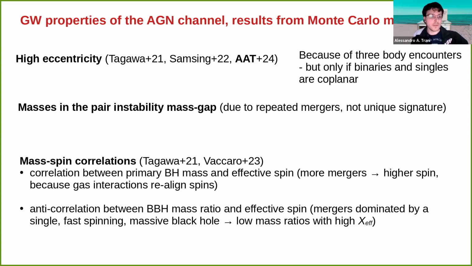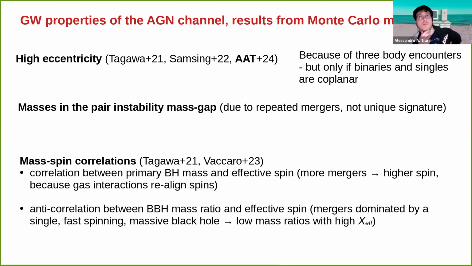Hierarchical mergers, even in a star cluster, will result in some correlation between the spin and the mass of the stellar mass black holes, simply because as you build up the mass through repeated mergers, some of the angular momentum of the binary at the moment of merger will become the spin of the remnant.